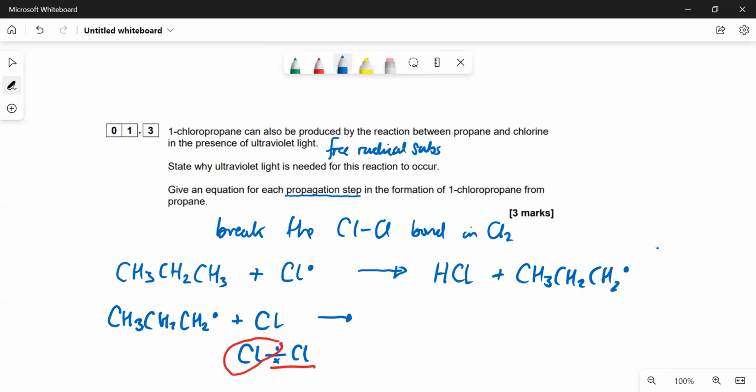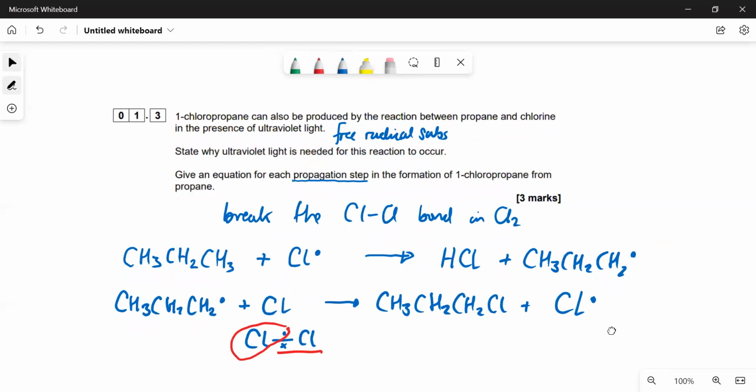So we form a chloroalkane, and we have the chlorine free radical regenerated. So you can see the chlorine free radical doesn't get used up, and this can cycle over hundreds, if not thousands of times. Okay, that's the 3 marks there.